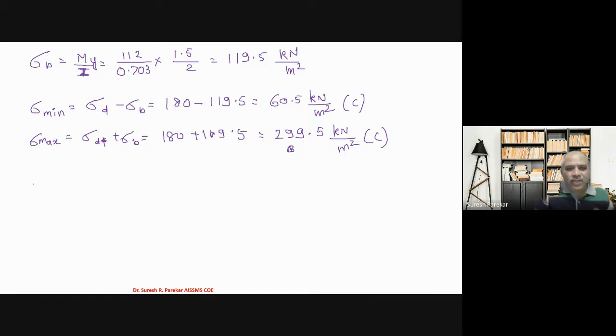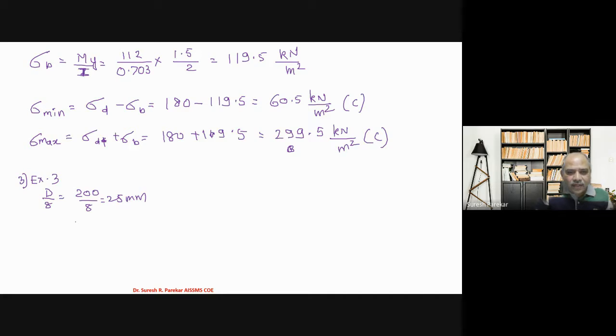And then one question we have, that we have to find core of the section, and the diameter is given 200. So this will be actually the third question from exercise 3. So d by 8 we have 200 by 8, so it will be 25 millimeters.